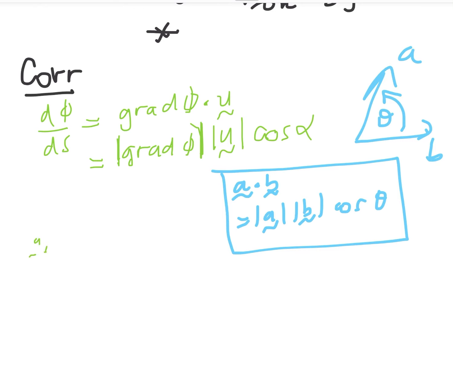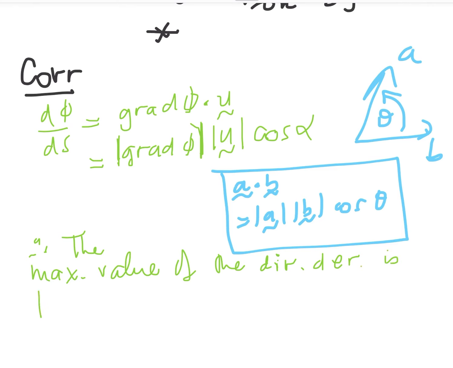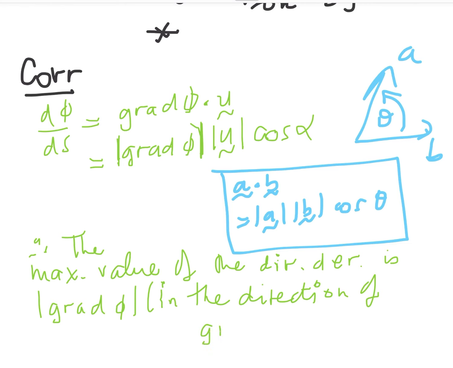So therefore the maximum value of the directional derivative is very simply the mod of the grad of phi, because the mod of u is 1, cos of alpha's maximum value is 1, and this is obtained in the direction of grad phi itself, not just any old vector u. Grad phi, remember, is a vector.